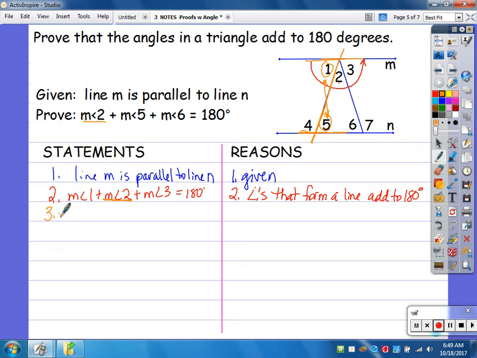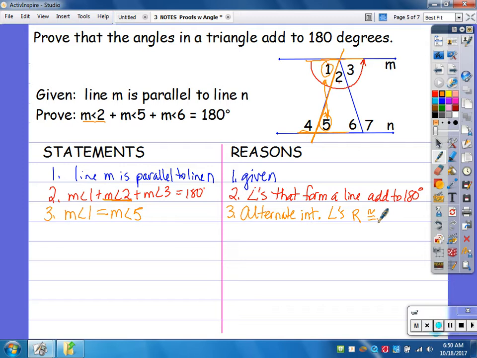So that's going to be my next statement. So the measure of angle 1 is equal to the measure of angle 5. And my reason, again, we look at the type of angle pair, that's an alternate interior angle. Alternate interior angles are congruent.